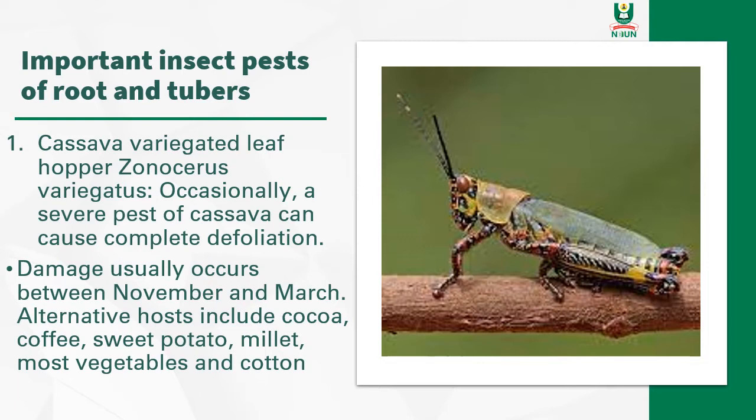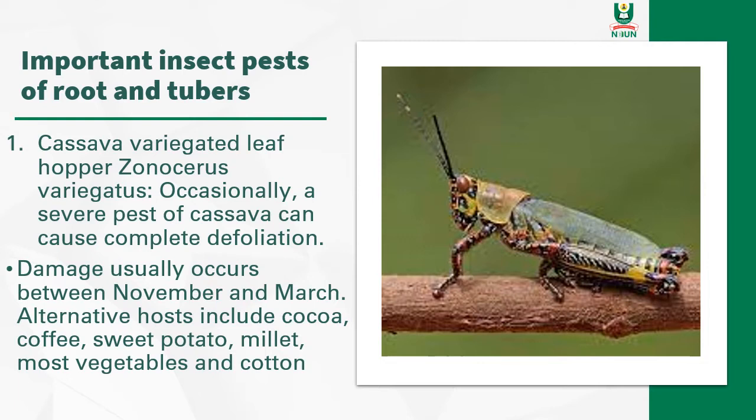And the first pest we'll be talking about here is the cassava variegated grasshopper, also known as Zonocerus variegatus, and it is occasionally a severe pest of cassava. What they do is cause complete defoliation. That means they eat all the leaves. That's what they feed on.